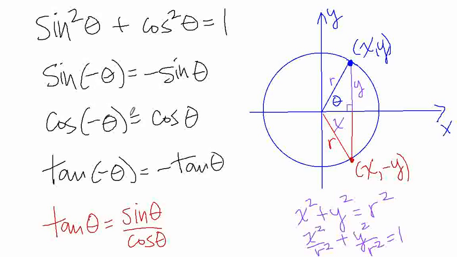Or you can use the fact that the tangent of an angle is related to the y and x coordinates. It's the ratio. So compare the ratios of the blue coordinates and the red coordinates. Can you see that they're going to differ by a negative sign? So therefore, that's why the last identity is true. So I gave you 2 ways to see that the last identity is true.